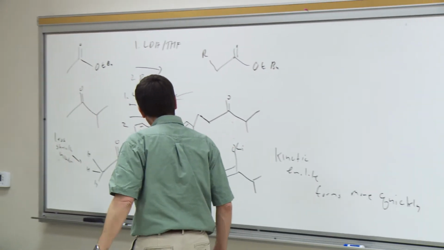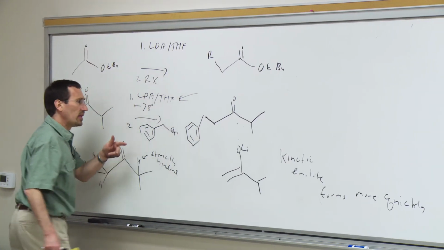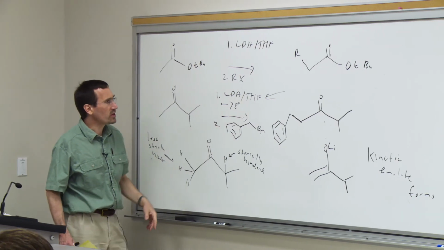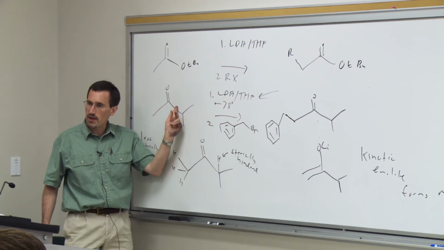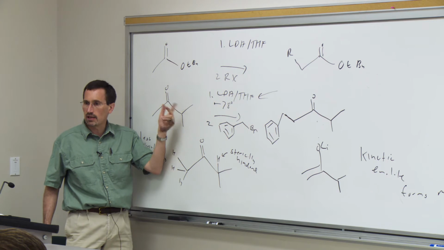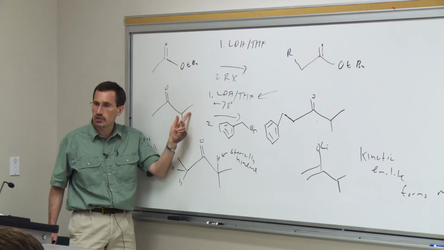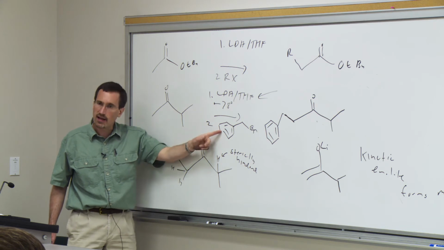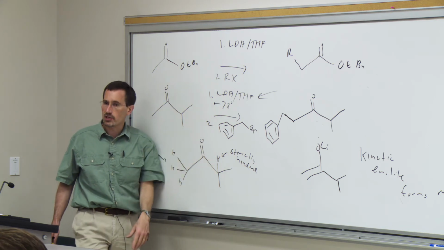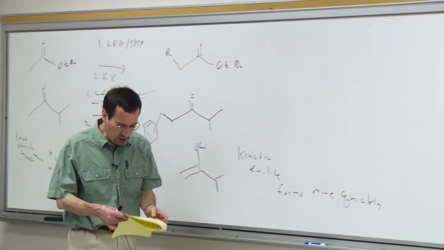Let that sit for 15 minutes, chill it down to -78 with a dry ice bath, drip in my ketone to generate the enolate, let it stir for 15 or 30 minutes to generate the enolate, add my electrophile, and allow the reaction mixture to warm gradually.